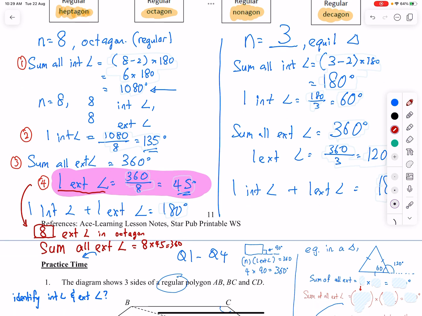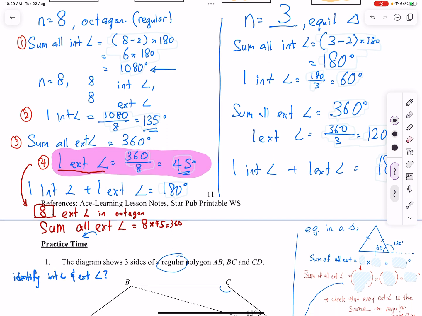Okay, so why do I talk about this? This looks a bit strange, right? I already know that the sum of all exterior angles is 360.